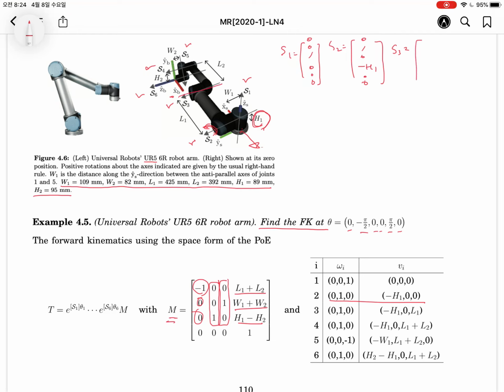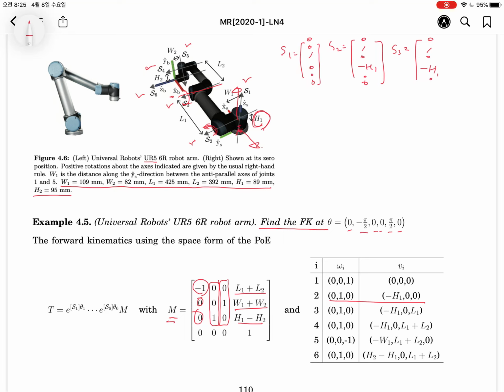S3, this one, is almost the same as S2, 0, 1, 0, minus H1, 0, and this rotational movement will make the z directional linear motion, right?